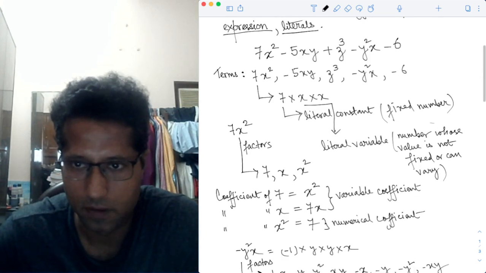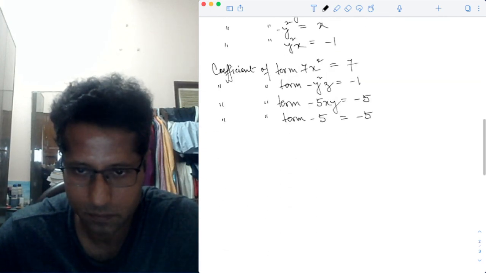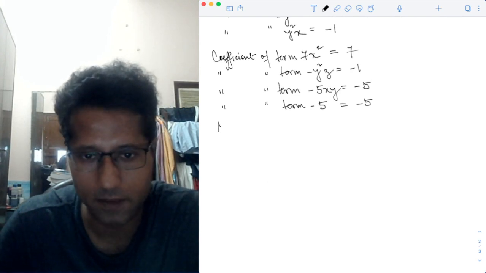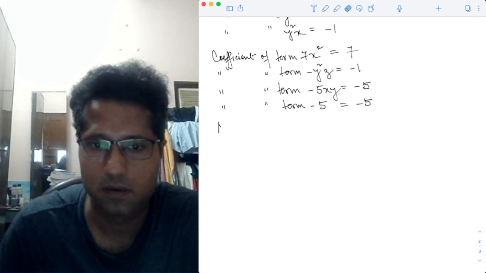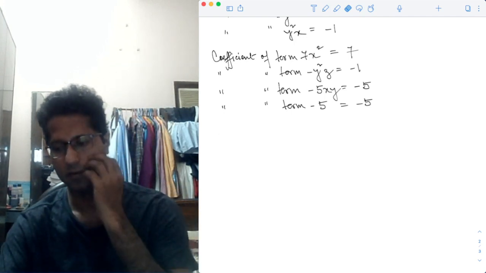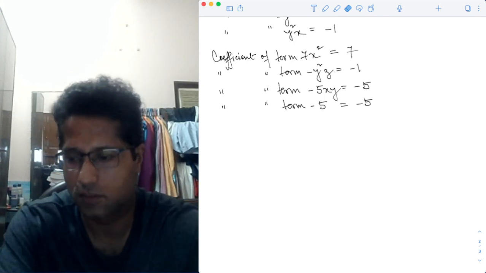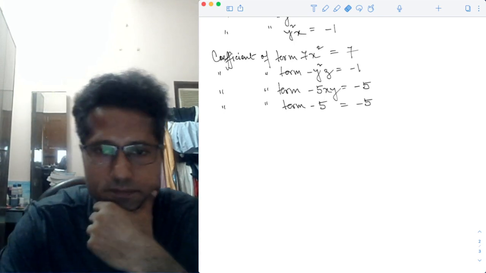Now, okay. Now, what is a constant term? Constant term is talked about for an algebraic expression. A term that has no literal factors is known as a constant term.